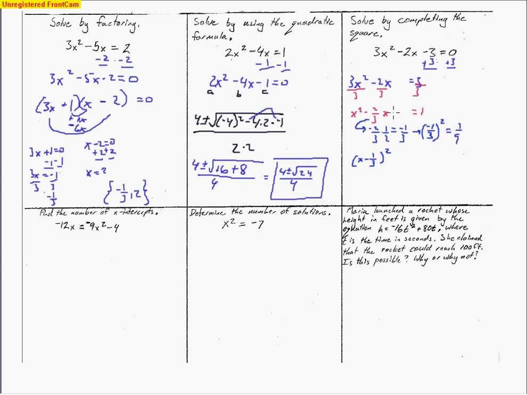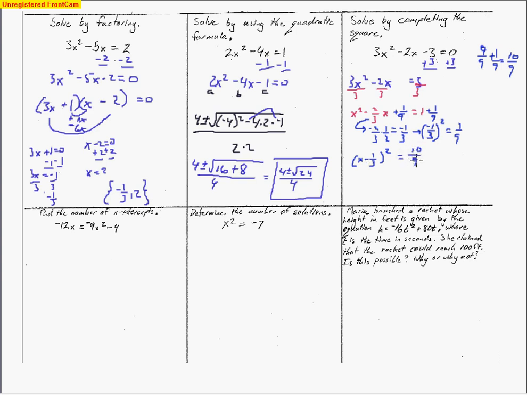And so 1/9 is the number that you're going to end up adding to both sides. So the important thing is to add it to this 1. Well, 1 plus 1/9. So if I write down 9/9 for 1, plus 1/9 gives me 10/9. So 10/9 is the number that this binomial being squared equals.